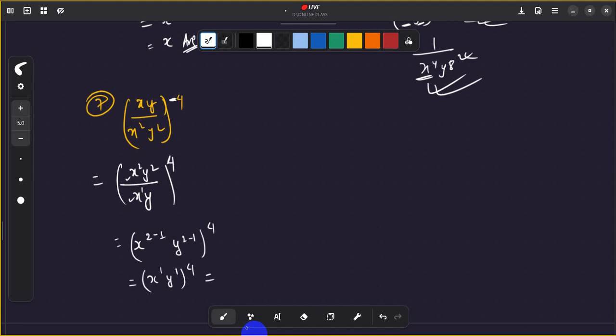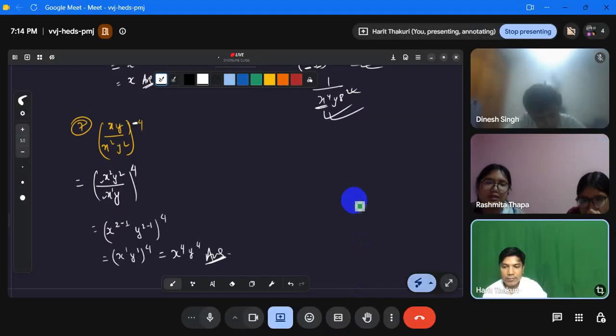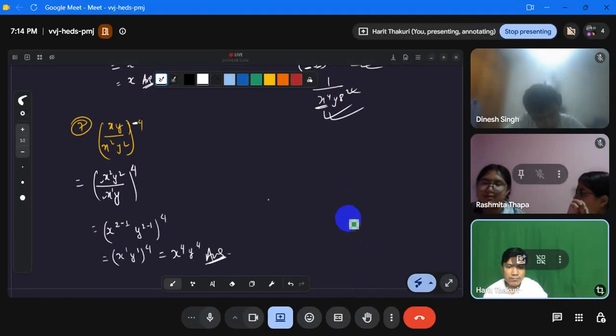If there is power of the power, then powers get multiplied. So this 1 multiplies with 4. It becomes x to the power 4, y to the power 4. This is our answer. Is this clear now? Yes. Okay.